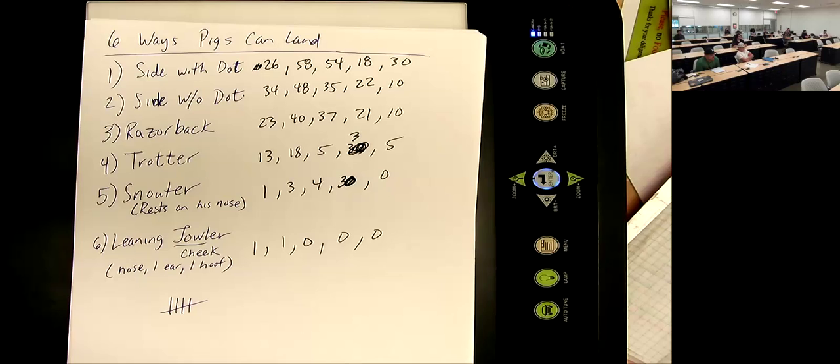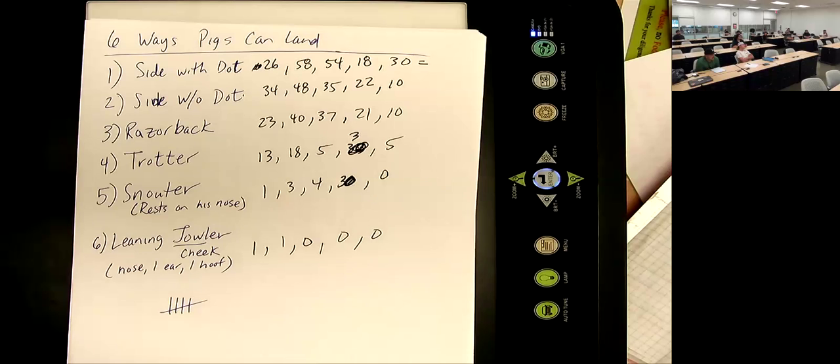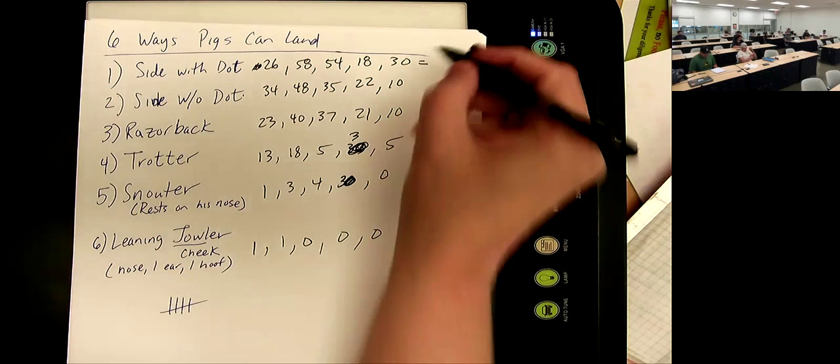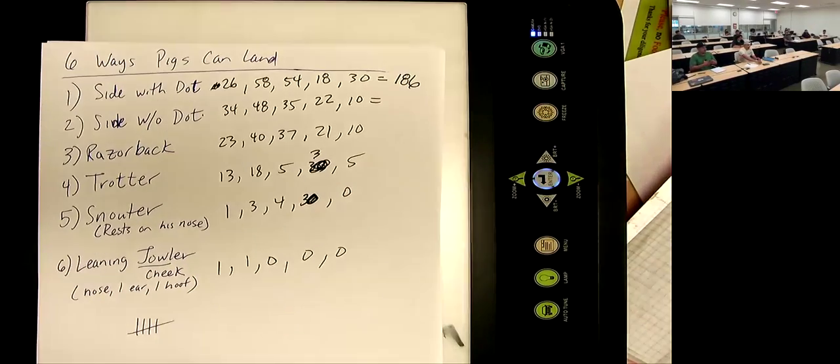Alright, let's see how many we got each. Let's add them up: 26 plus 58 plus 54 plus 18 plus 30. Someone else add these up too, make sure I'm getting the right number. And then I got 34 plus 48 plus 35 plus 22 plus 10.